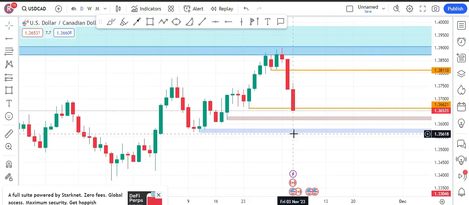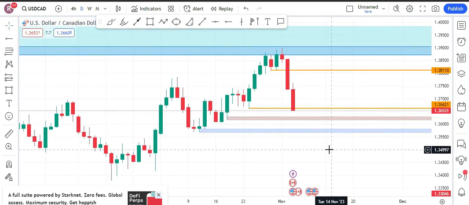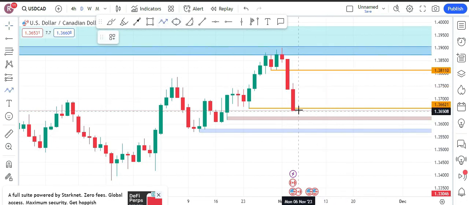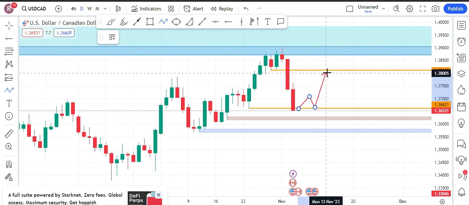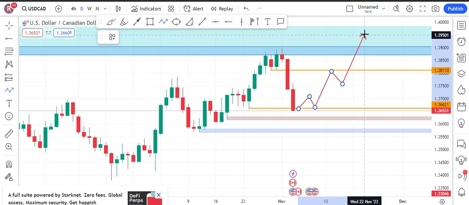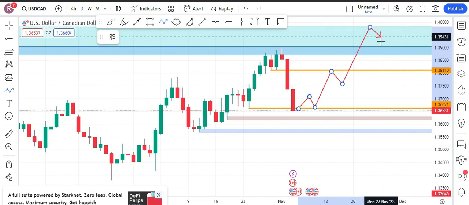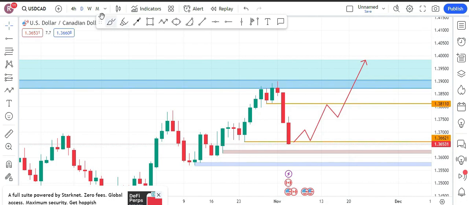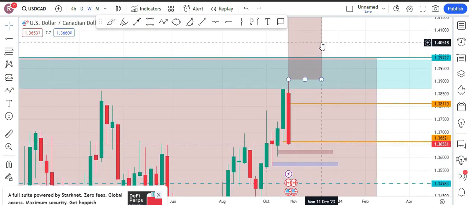So now I can see two options. One, it may go up, retest, and go here, retest, and try to break out. And if it breaks out, it will naturally go to this zone.